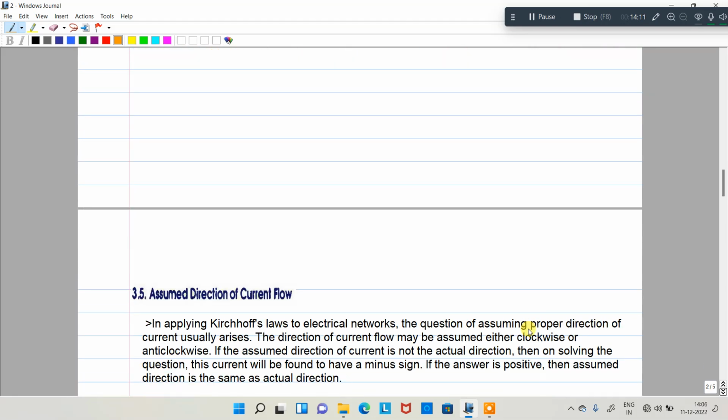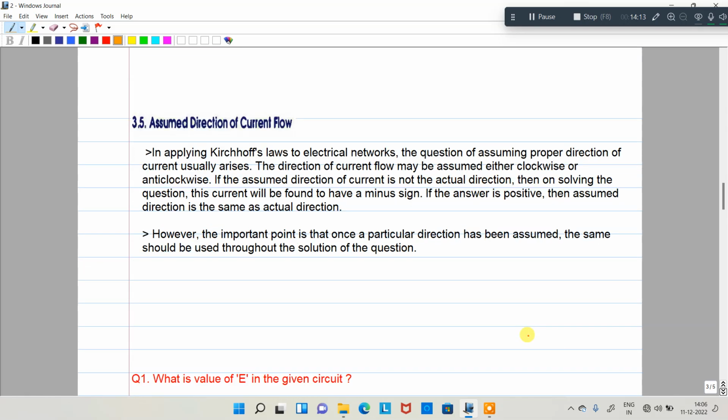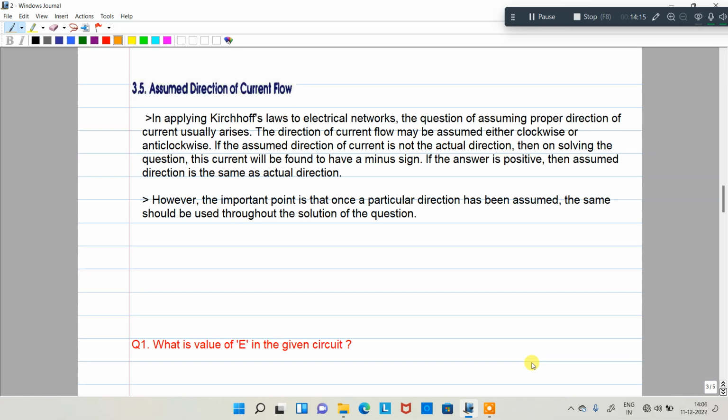Right, coming to the next one: assumed direction of current. You need to remember these 2 points, it is enough. In applying Kirchhoff's law to an electrical network, the question of the proper assumed direction of current usually arises.